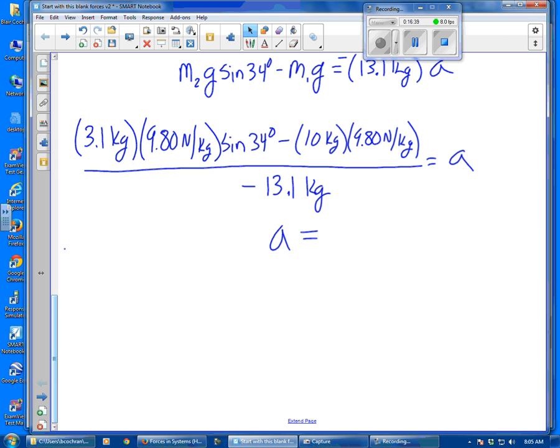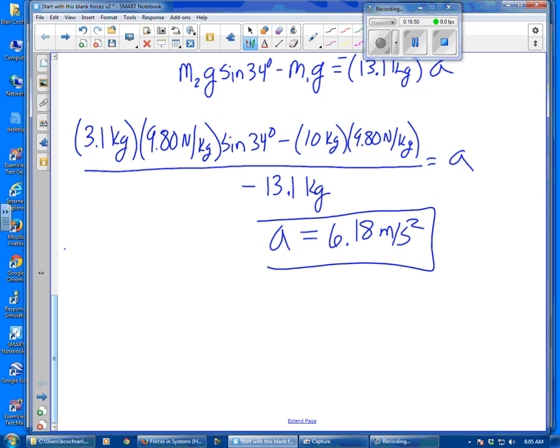I get an acceleration of 6.18 meters per second squared, and I got a positive number, which tells me, hey, you picked the right direction. It should be in a negative direction. So let's see if that's right.